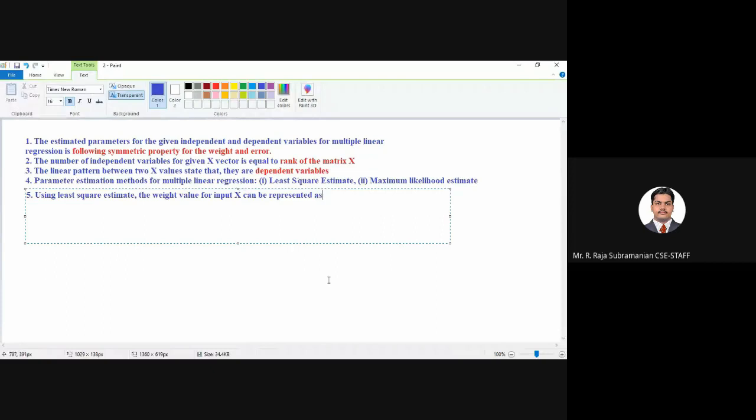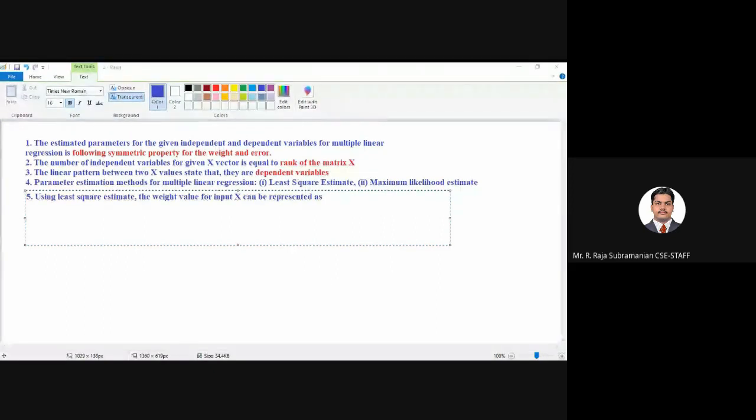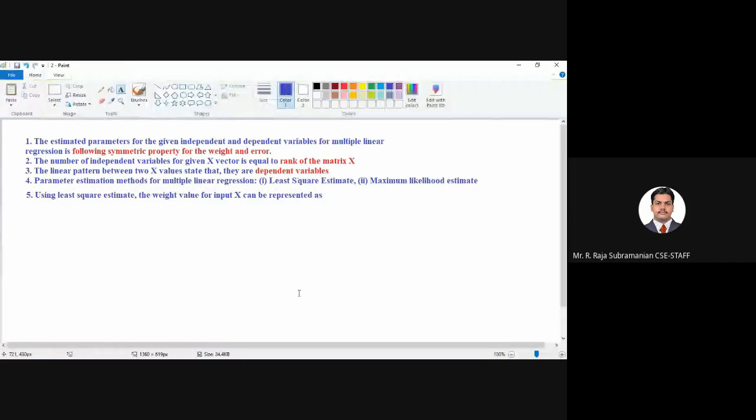It is the final equation we have just seen: X dash x inverse into x dash y. This is the estimate for the beta value where my sigma value is at the minimum. Sigma is nothing but error, so I have my error at the minimum position.